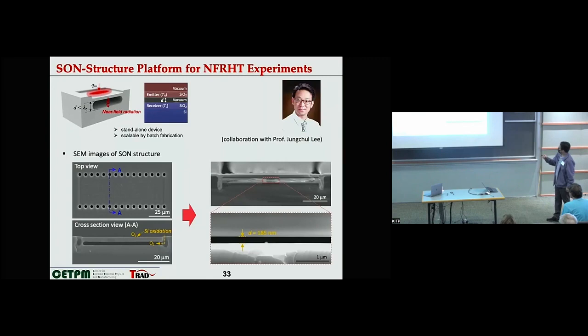Right now the width is about 50 micron, but this SON sample can be fabricated at wafer scale. So we're trying to make this to the centimeter scale so that we can make on-chip devices afterwards. This work is a collaboration with Professor Bong Jae Lee in our department. He's a MEMS guy, so we are working on this right now.